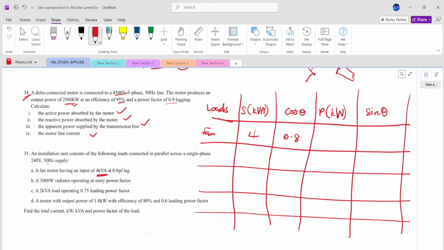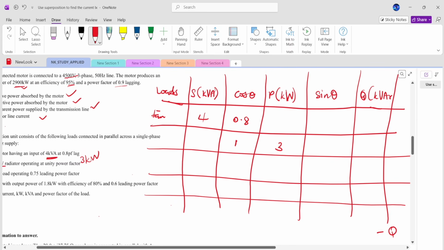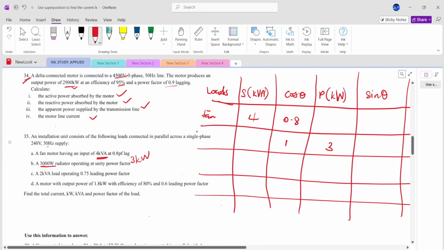Then the B is a 3000 watts radiator operating at unity power factor. Unity power factor means the power factor is 1, and the value was 3000, so I can say 3 kilowatts. So over here is going to be 3. We filled in that information. Then the next load. This one is our radiator.